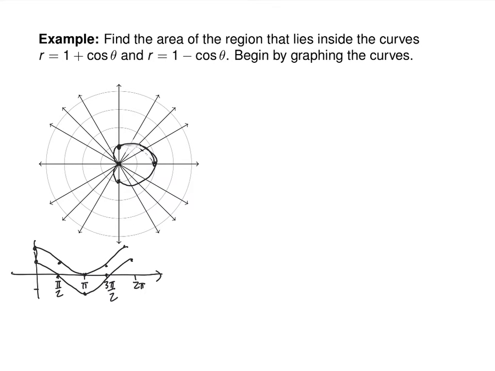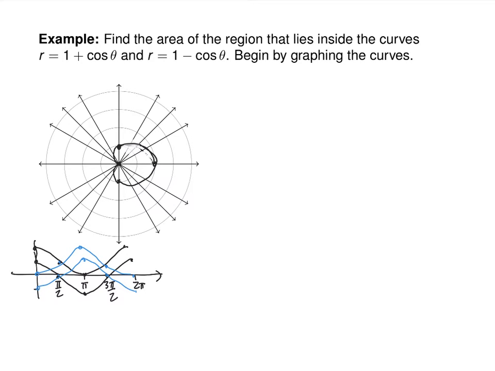Okay, now the second curve, which is 1 minus cosine of theta, well, that would have been flipped upside down, at least initially, like this, and then moved up 1. I like it when there's no negative radii.